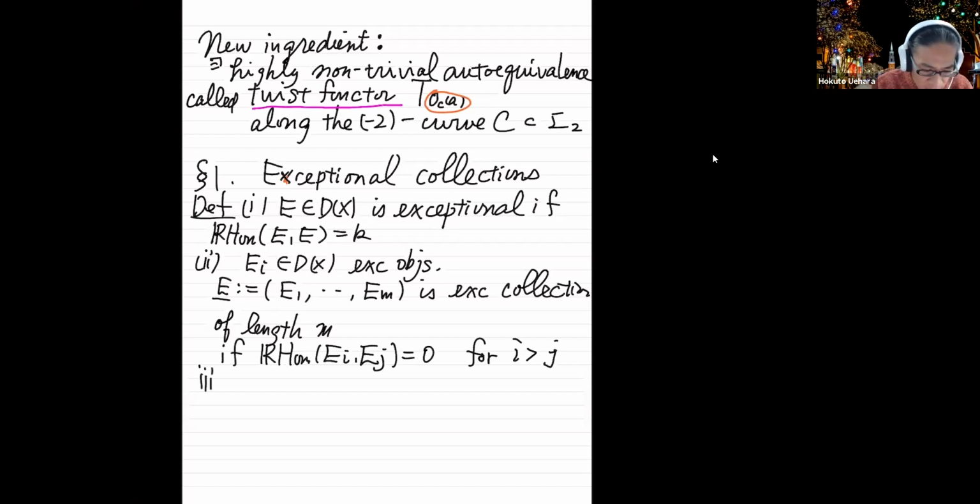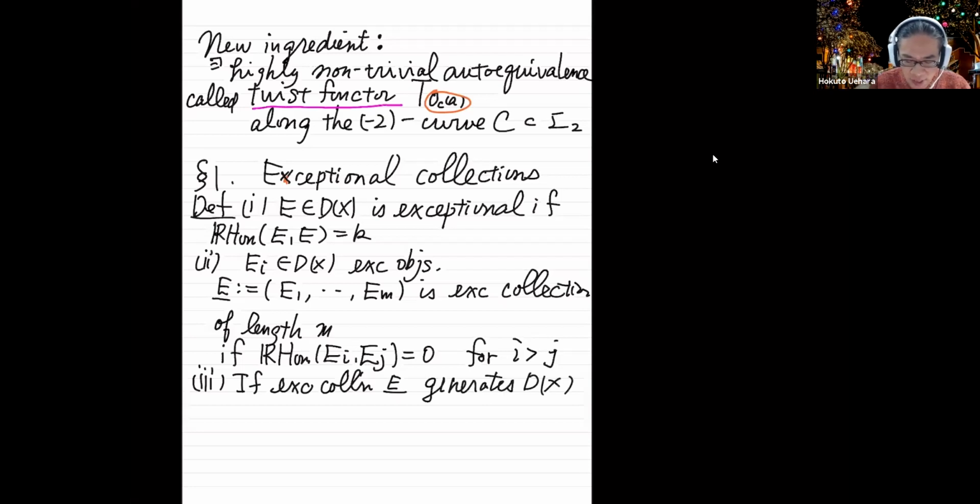And thirdly, if an exceptional collection E-bar generates the derived category, which means that the smallest triangulated full subcategory containing each E_1, ..., E_m coincides with the whole derived category D^b X, in this case we say the exceptional collection E-bar generates.